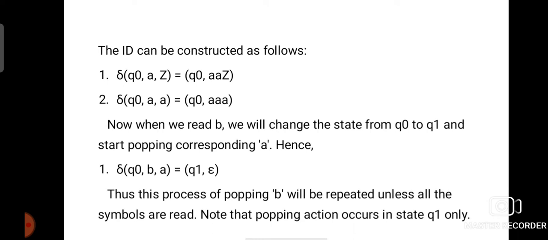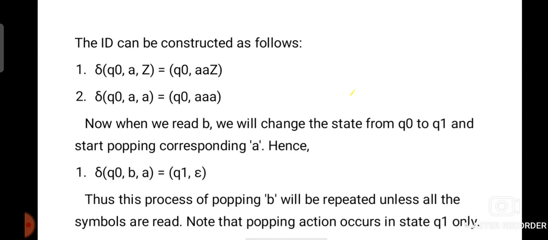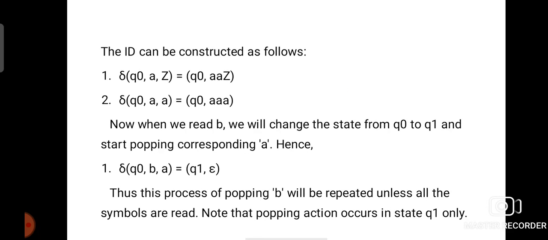This is the mechanism, represented as δ(Q0, B, A) = (Q1, ε). That means when B is applied to Q0 the first time, one A will be popped off from the stack and nothing will be pushed.